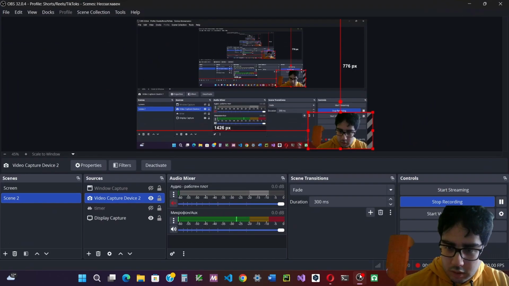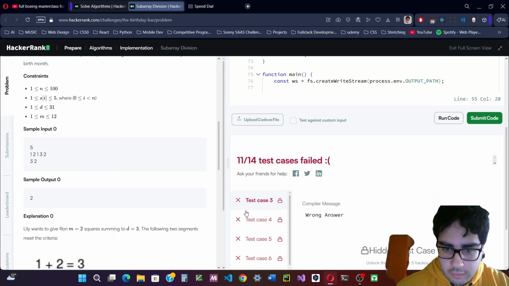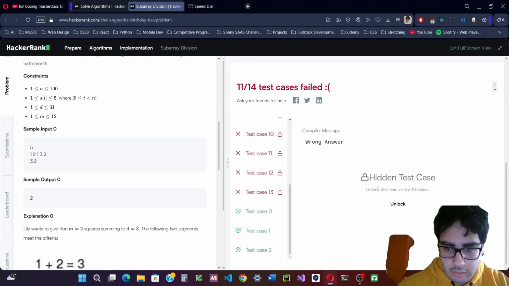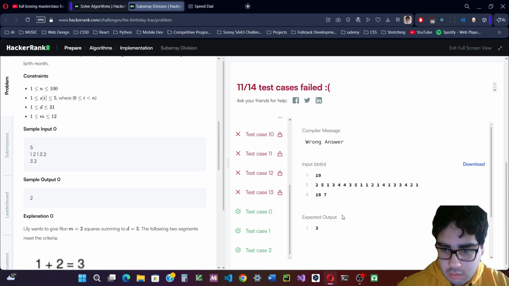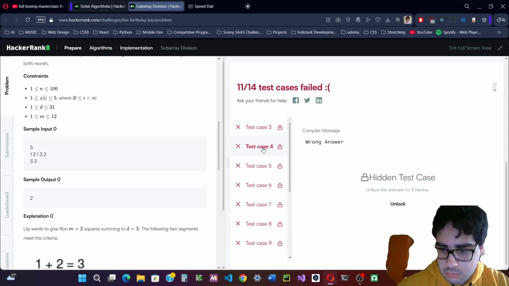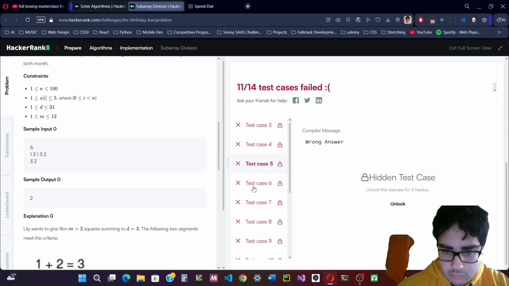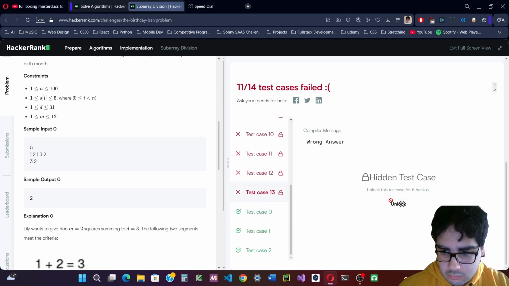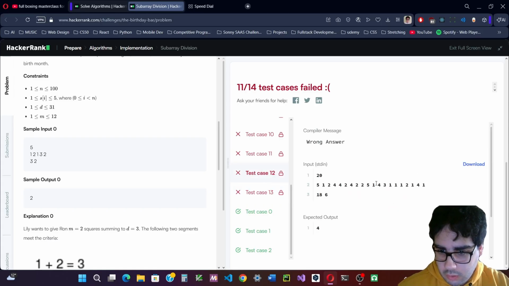Bruh, come on, dog. 11 failed. 11 failed, bro. Look at number 13. Okay, this is way too long. Way too long.